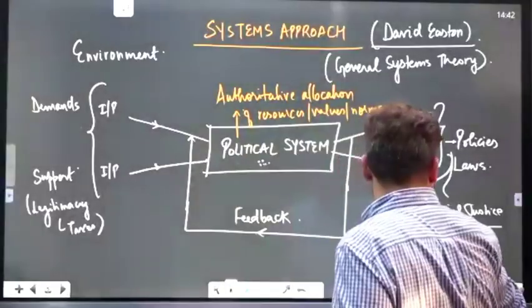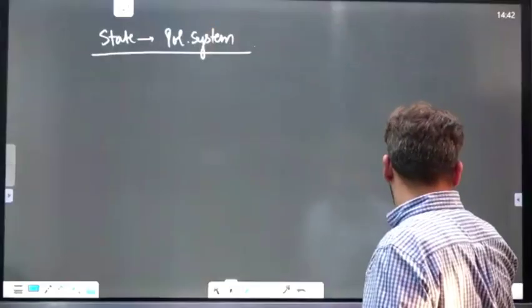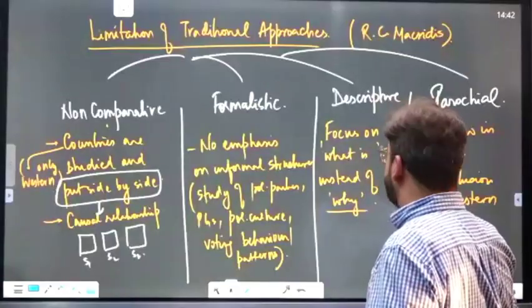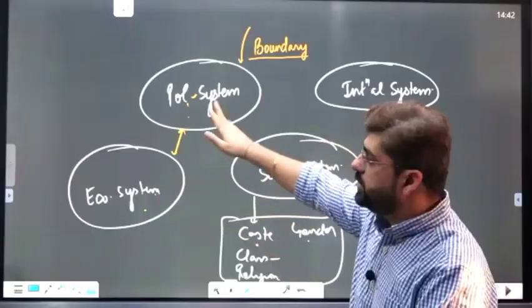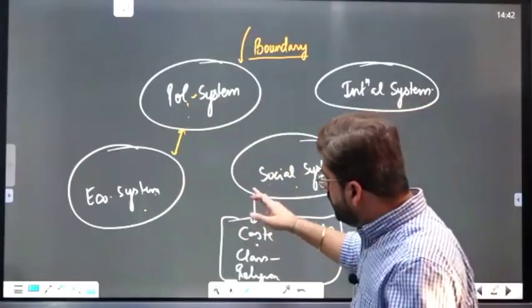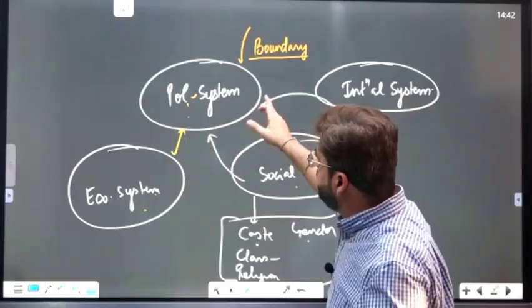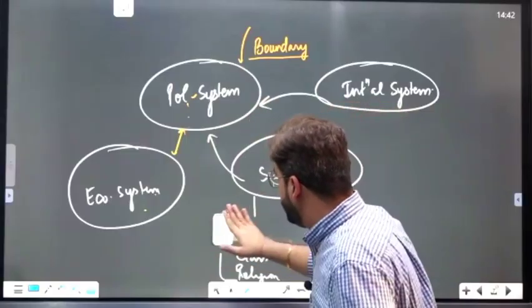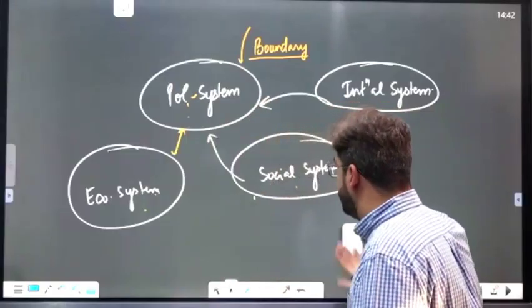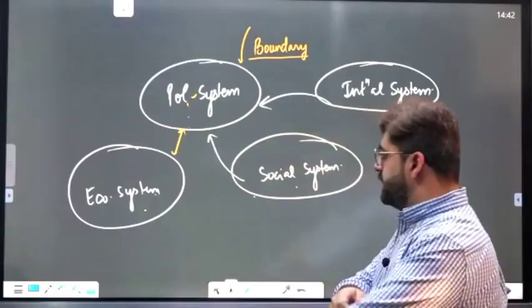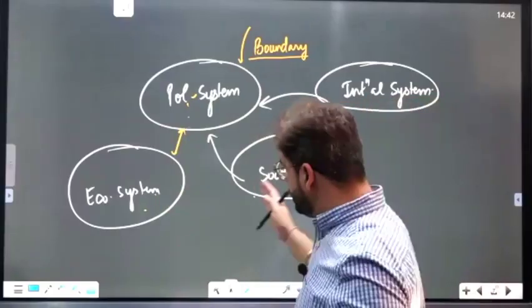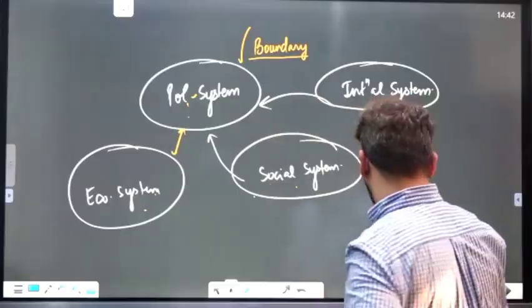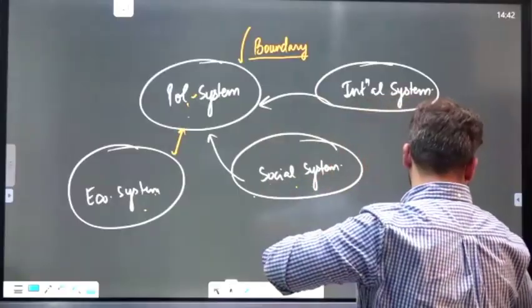The meaning is all these systems which we talked about, they are all a part of the environment in which this political system is working. So all of them are going to impact it in one way or another. This is called interaction with environment. Fine. The economy is going to impact, society is going to impact, the international domain is also going to impact.